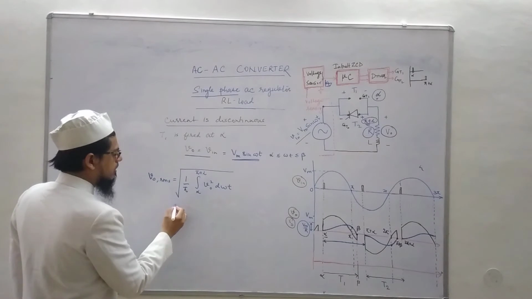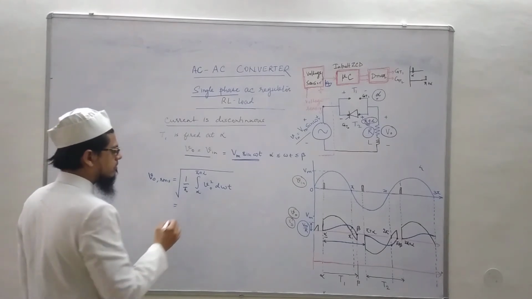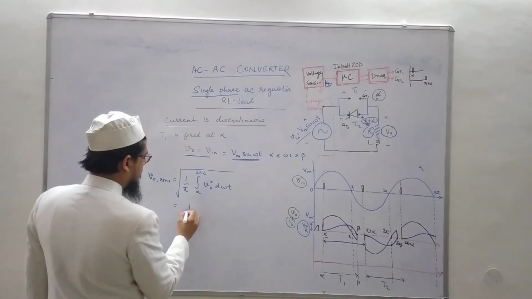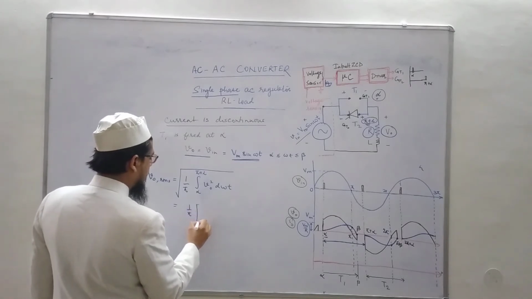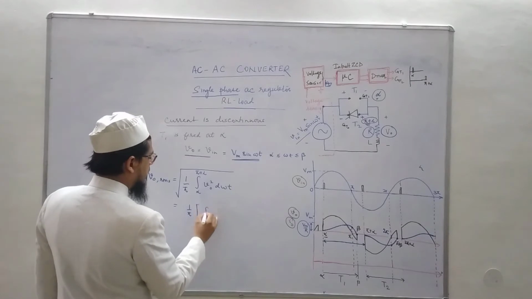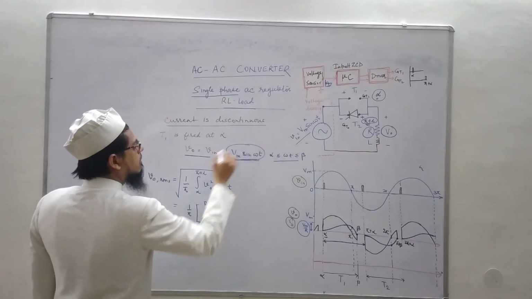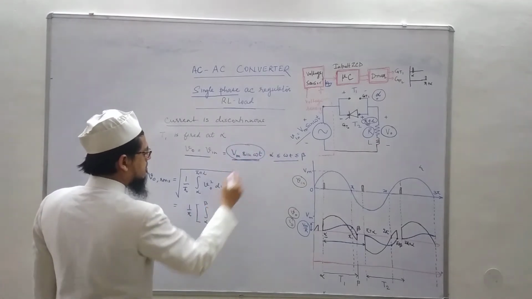So this will give me 1 by pi times, integration from alpha to beta, where the output voltage is Vm sin omega t.